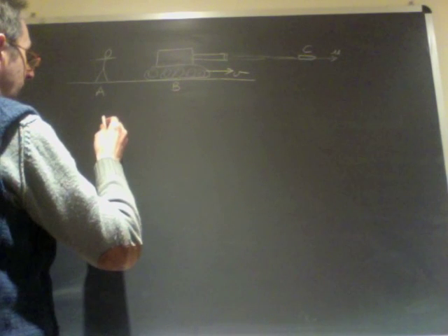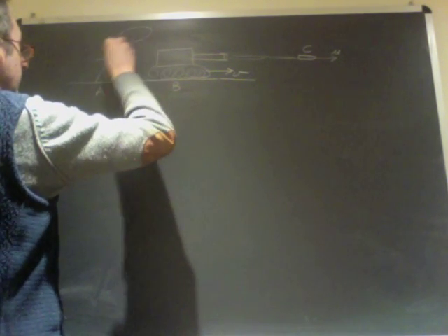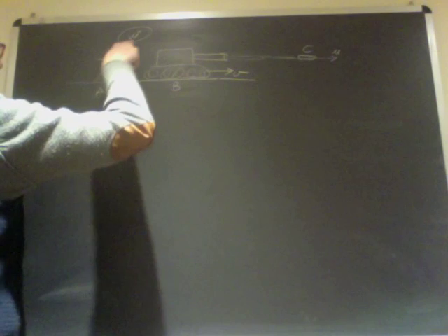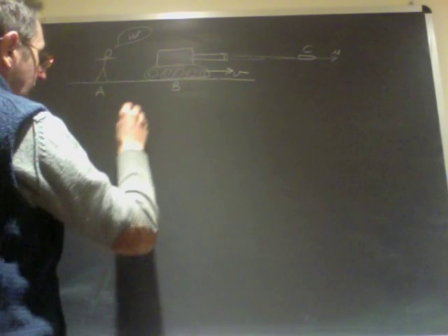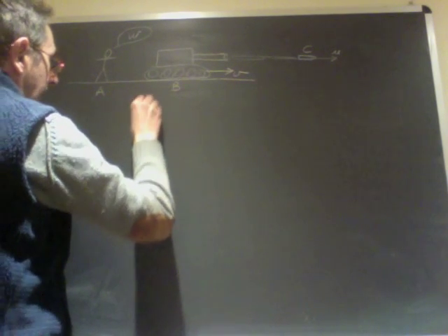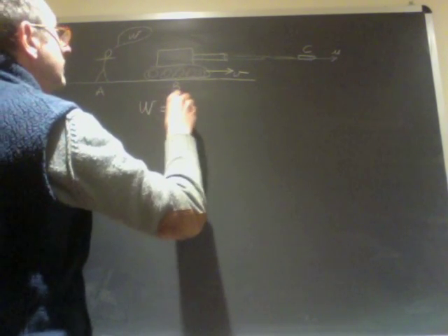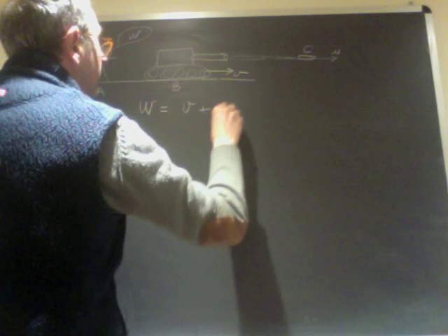So if we call w the velocity measured by the man, we can simply write that w is equal to v plus u.